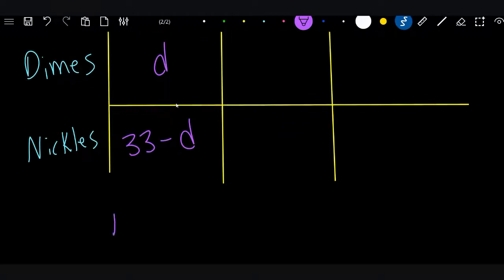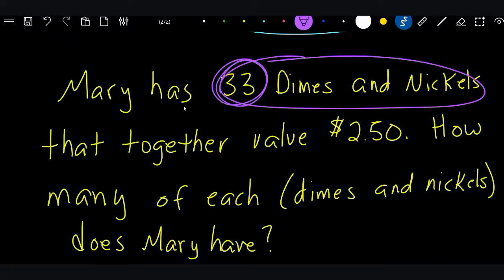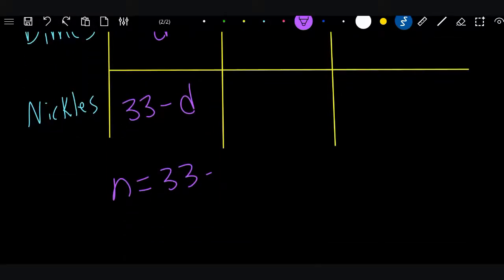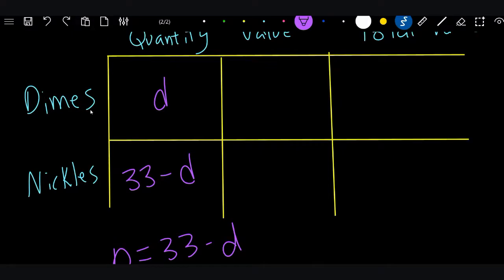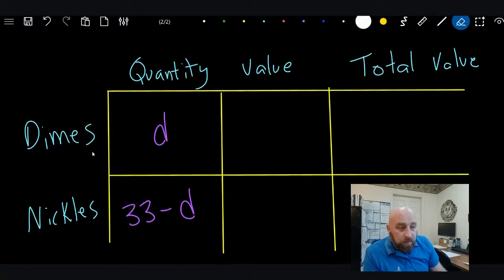Nickels would equal 33 minus the dimes. Does that make sense? Because we know that she has 33 dimes and nickels together. So if we take 33 and subtract the dimes, we are going to get how many nickels she has. So D for dimes, and nickels is 33 minus D.